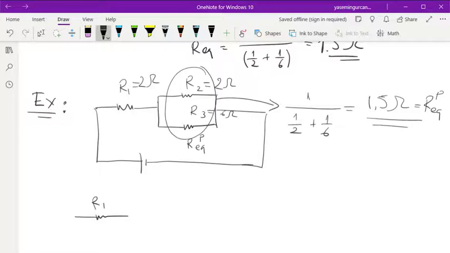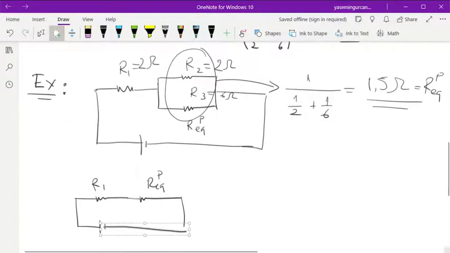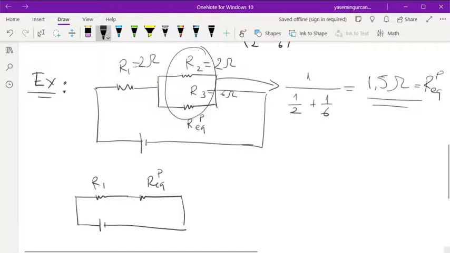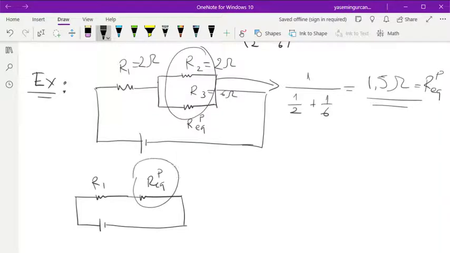And here I'm going to write R equivalent, because that's what I calculated for the parallel part. I'm just redrawing the same circuit, getting rid of that smaller part. So this part is this part.